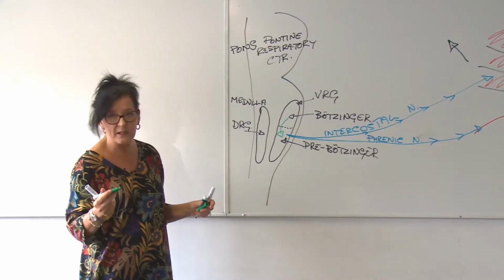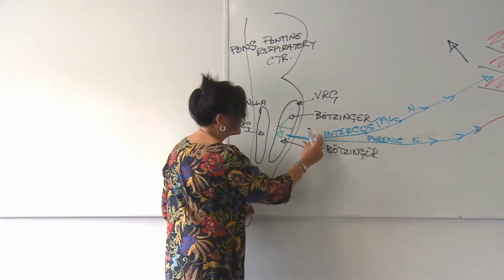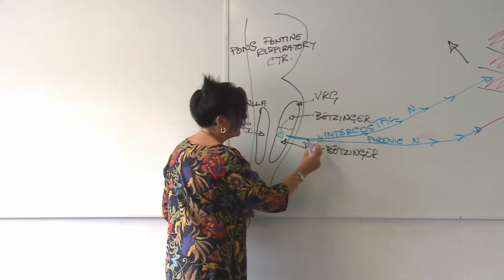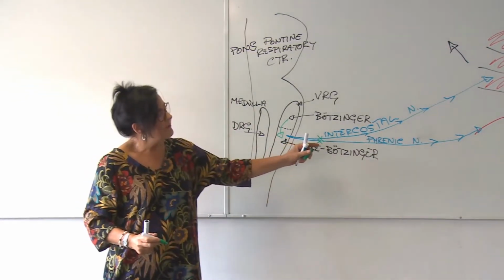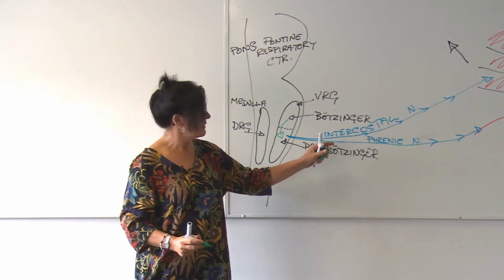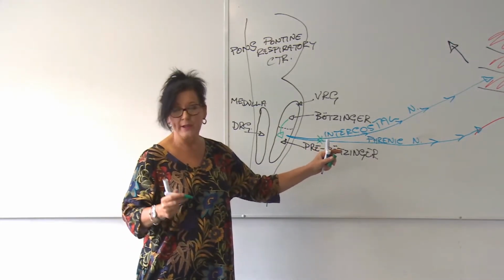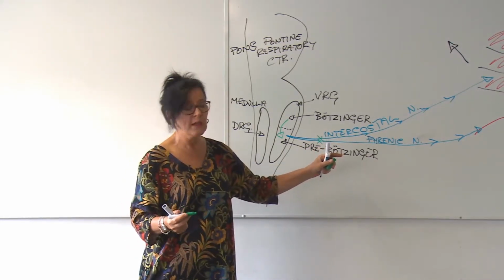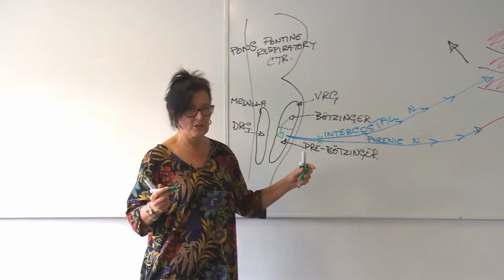And what this does, it blocks these. If it blocks action potentials going along these nerves, then it will block excitation-contraction coupling, and we get relaxation.